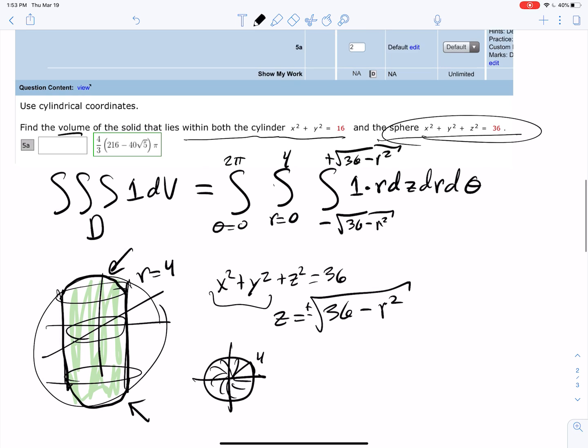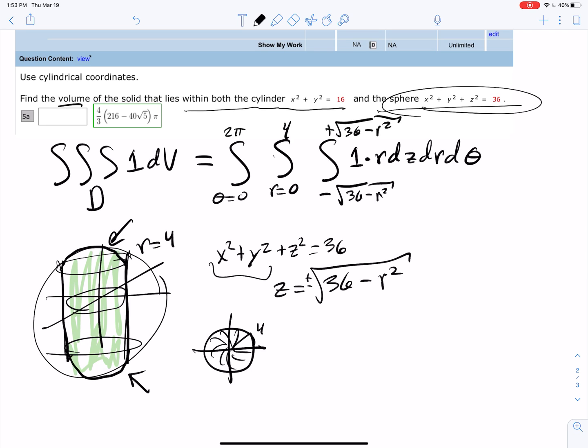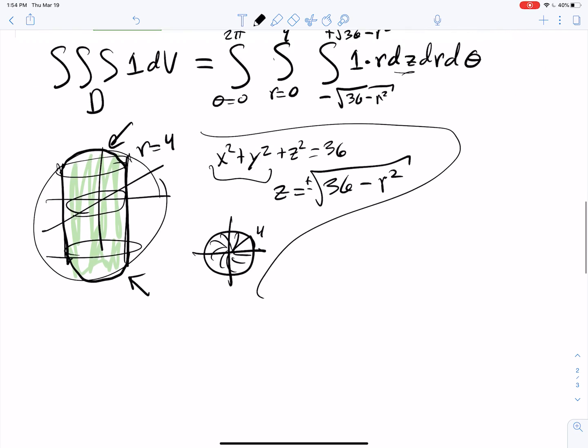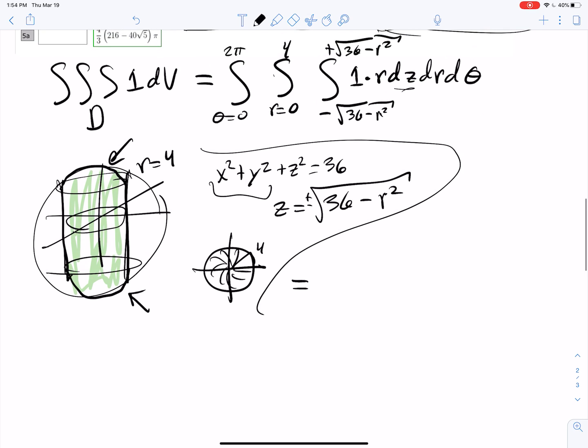Okay, so first we're integrating with respect to z. So I'm going to just make some space here. So this is going to equal the integral from 0 to 2 pi, 0 to 4. Integrate the z's, we'll get r times z, evaluated from negative root 36 minus r squared to positive root 36 minus r squared, dr d theta.